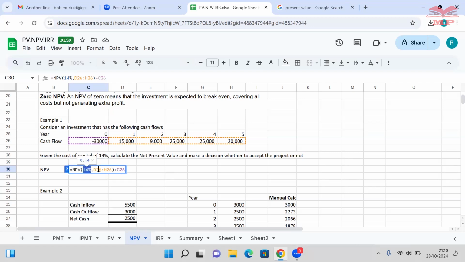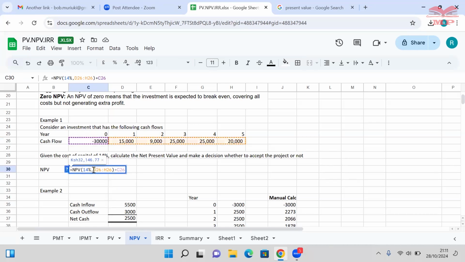Okay, 14%, then comma, and then you highlight all the amounts, starting with the capital, the amount you started with. So you start with the 30,000 all the way up to the 5th year, the cash flows for all the 5 years. Okay, so pretty straightforward compared to the other ones.